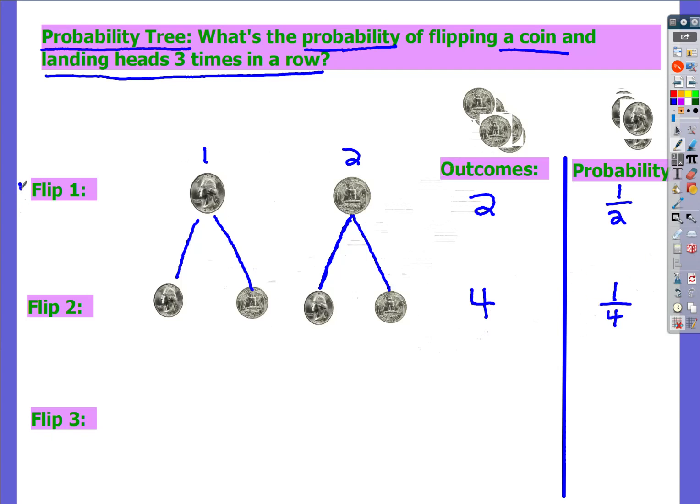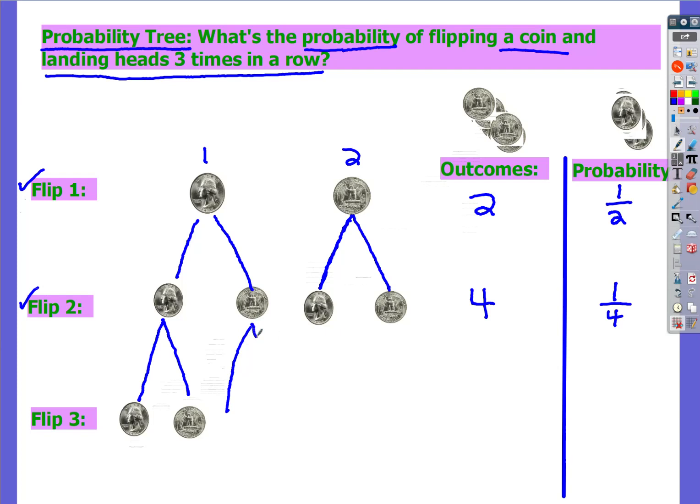So I've satisfied flip 1 and flip 2. Now I have to do flip number 3, and we'll start looking at the patterns. Of course, I get 2 branches here, because I could go heads, heads, heads, and I could also go heads, heads, tails. Let's keep tracking them. I could go heads, tails, heads, and heads, tails, tails.